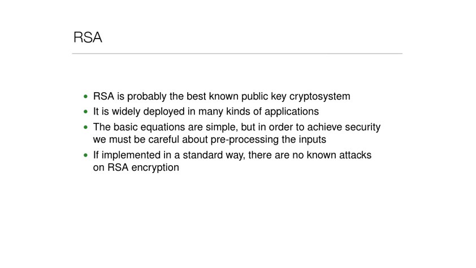If implemented in a standard way, there are no known attacks on RSA encryption. Until now, there are no known attacks. It was introduced in 1976 or something. For more than 40 years, we don't have known attacks on this RSA crypto system. It is very simple.